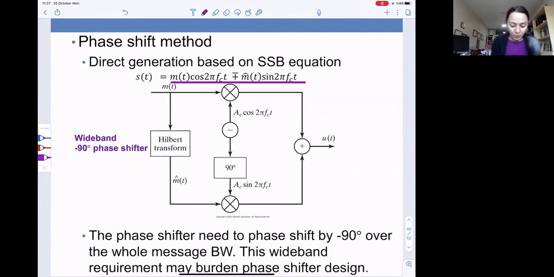So we need m(t) modulated by a cosine and m hat(t) modulated by a sine. We can obtain the sine by a 90-degree phase shift from a cosine.